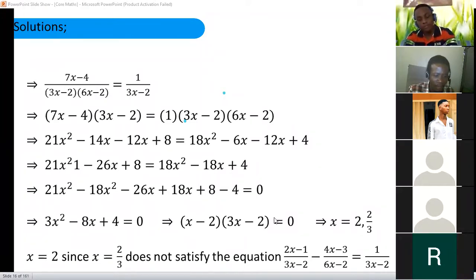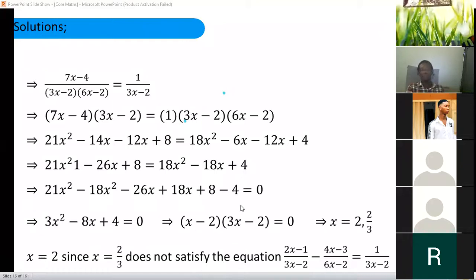Then at this point, we need to equate each bracket to 0 and make x the subject. Taking the first bracket, x minus 2, we equate that to 0 and make x the subject.